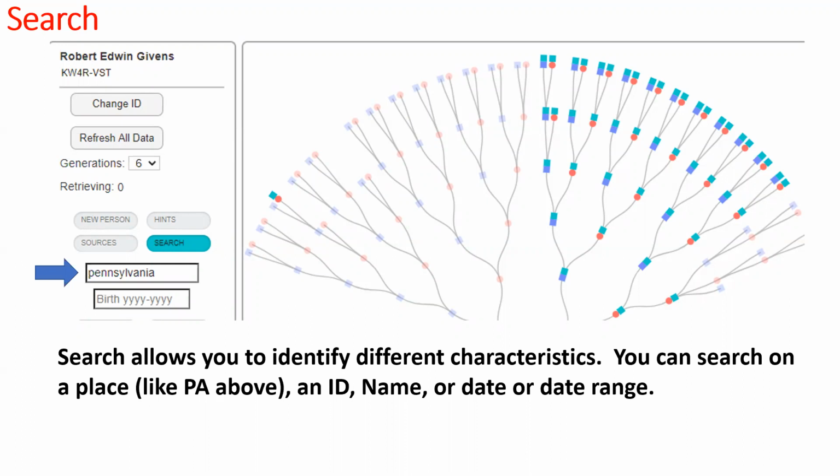Maybe you want everybody who has a date for birth or death between 1700 and 1750. It'll highlight them. So I did a search for just the name Pennsylvania, for the state of Pennsylvania. And you can see that almost half of my ancestry, at least a full third anyway, is all in Pennsylvania, because I have a lot of Pennsylvania ancestors.